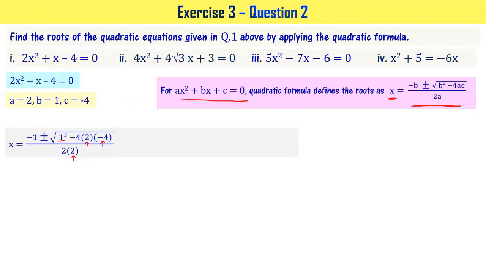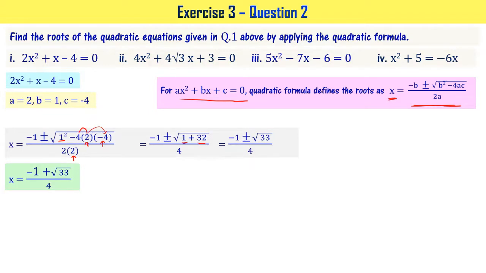Let us simplify this so that I can write it as minus 1 as is, plus or minus square root of 1 square minus 4 times 2 times minus 4 equal to plus 32. Now what you have is minus 1 plus or minus square root of 1 plus 32 divided by 4, right? That can now be written as minus 1 plus or minus square root of 33 divided by 4. Got it?